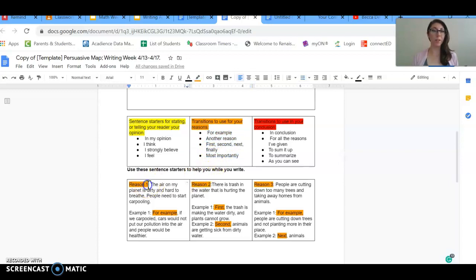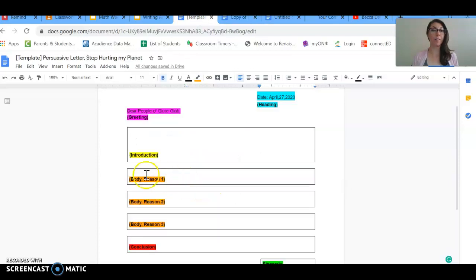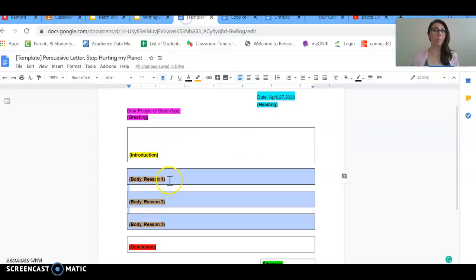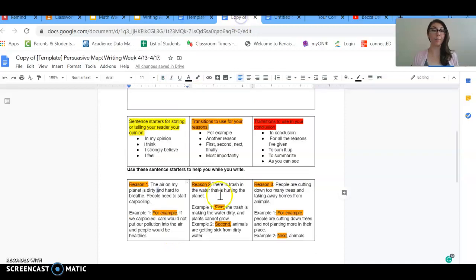Your reasons here are going to be the body of your paragraph in your letter. See where it says body reason 1, reason 2, and reason 3? You're going to be using these reasons and then putting them in body reason 1, reason 2, and reason 3.